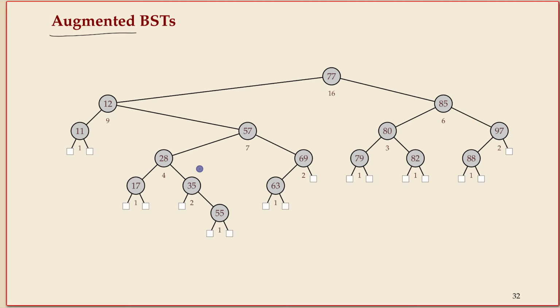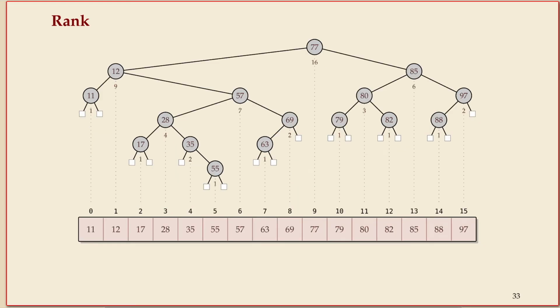Now, how does that help in answering these operations? Let's see how we can do rank, and maybe we do the same example again, 35. How can we work out the rank of 35 without looking at the tree in its entirety?